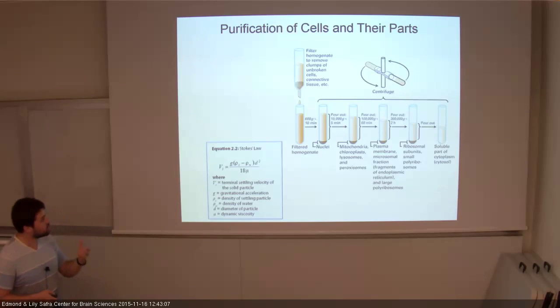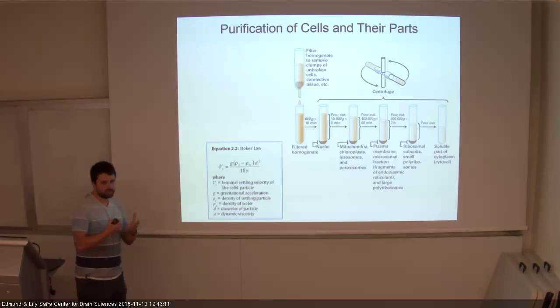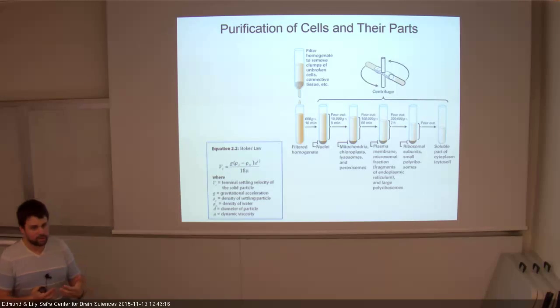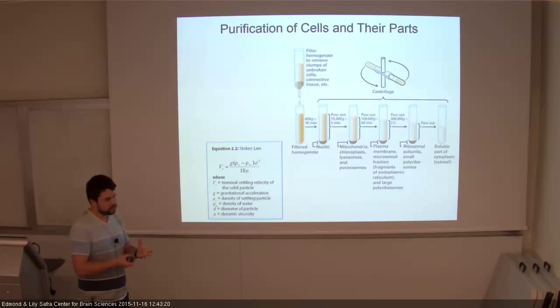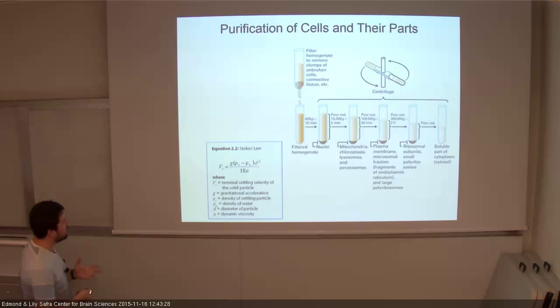Logically, the structures that will precipitate first are the heavy or large structures. One of the largest structures in the cell is the nucleus. If I take this homogenate and centrifuge it at 600 G, which sounds like a lot but is not very strong, I would get a precipitate of the nuclei.